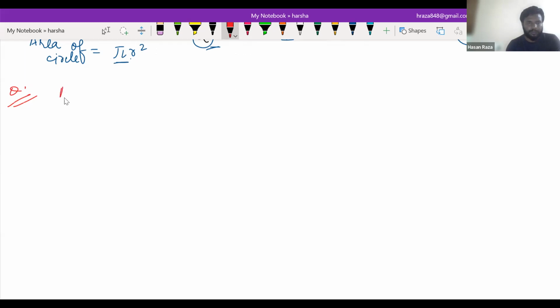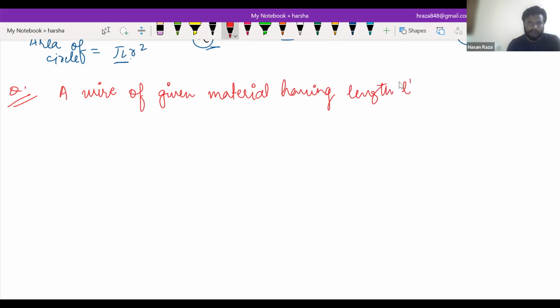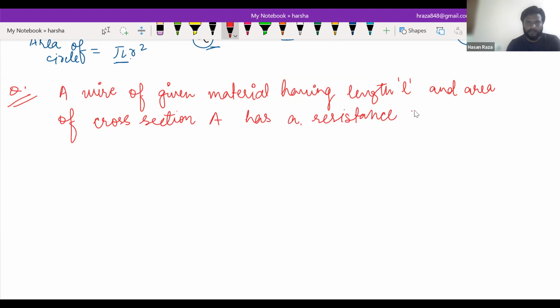Okay, write the question with me. A wire of given material having length L and area of cross section A has a resistance of 4 ohm.